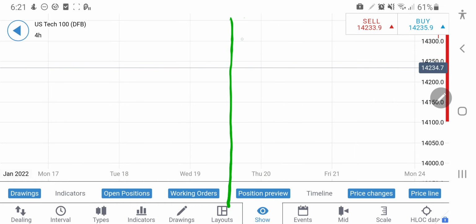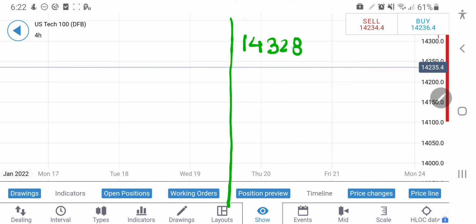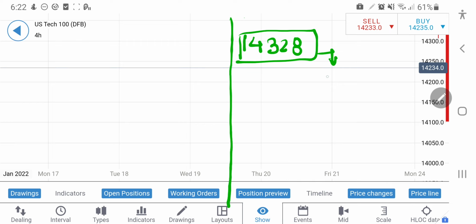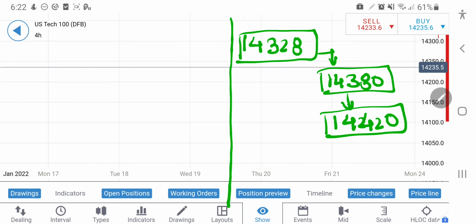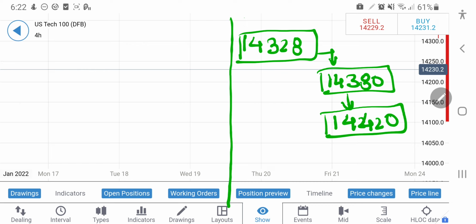So for the day, I will recommend you to take a long entry at 14328, where you can expect it to rise towards 14380, and once 14380 is taken, it will head towards 14420, and 14420 is the ultimate resistance for today probably, and then 14500.